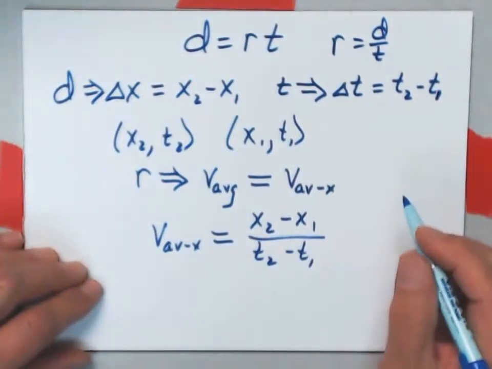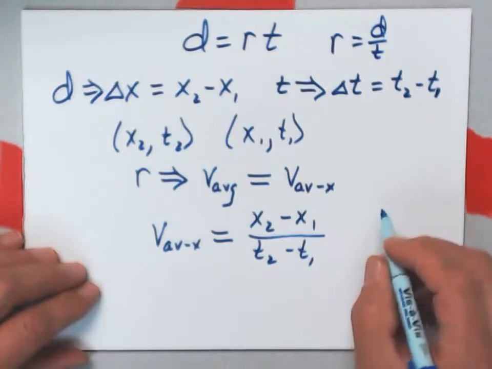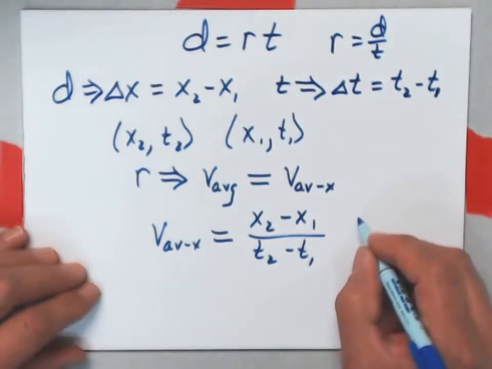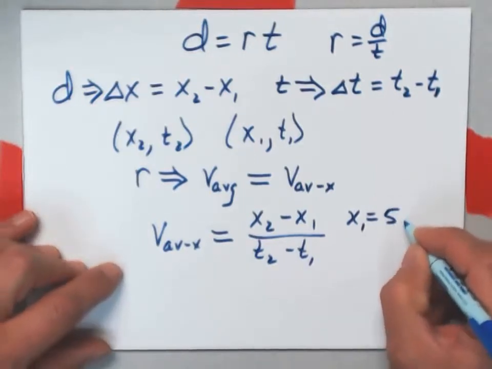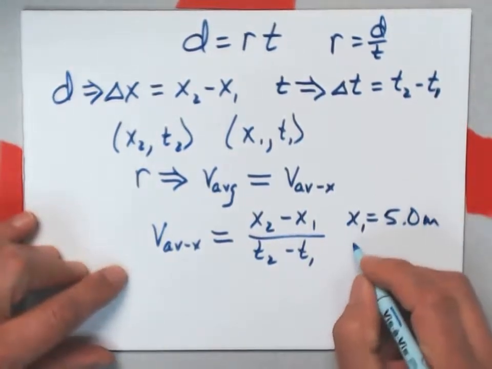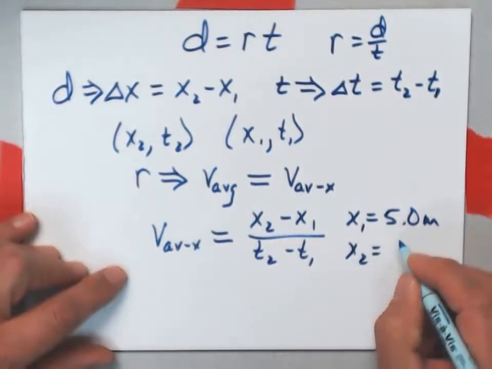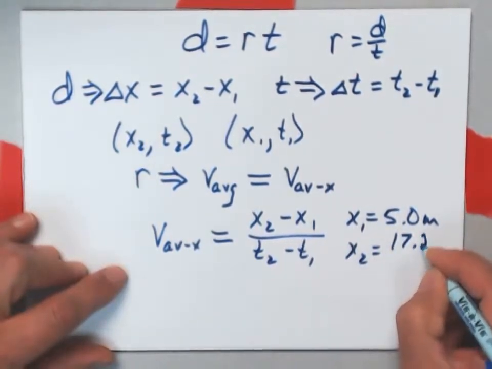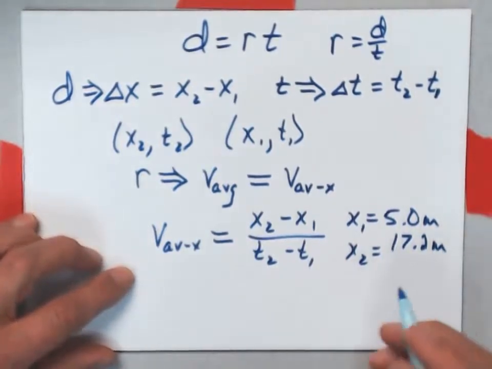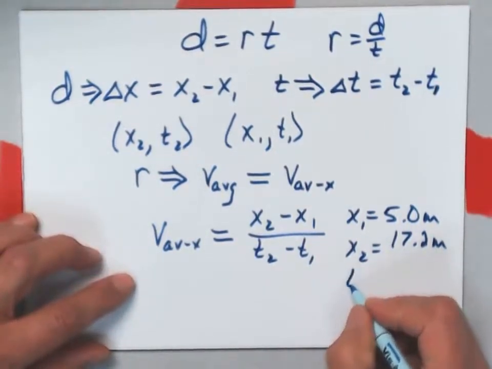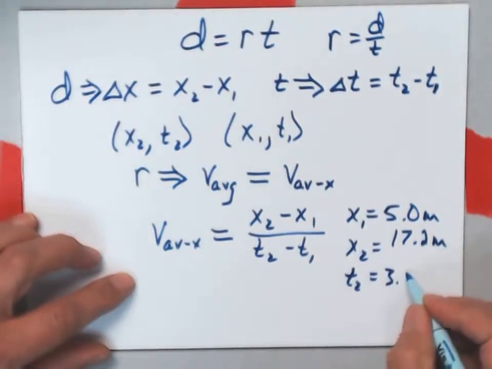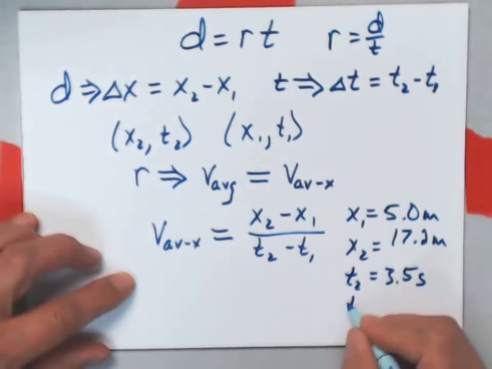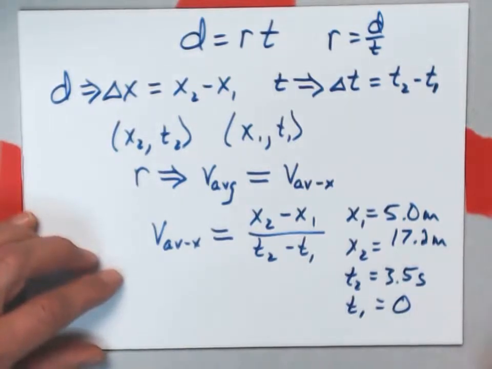For a sample calculation of how you might do something here, let's suppose that our initial position x1 was 5.0 meters. Our final position x2 was 17.2 meters. Let's suppose t2 is equal to 3.5 seconds and t1 is equal to 0. That's when we started our stopwatch.